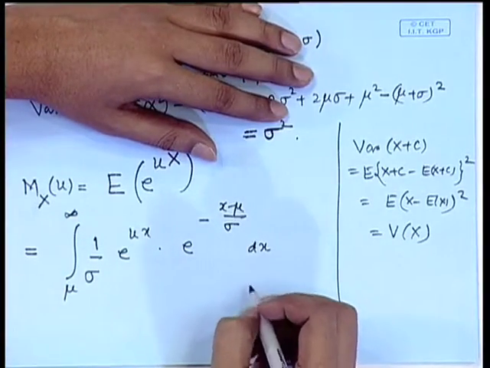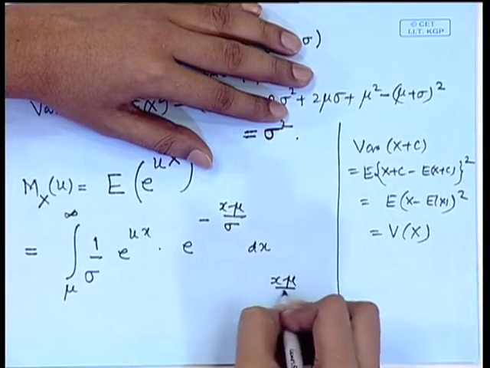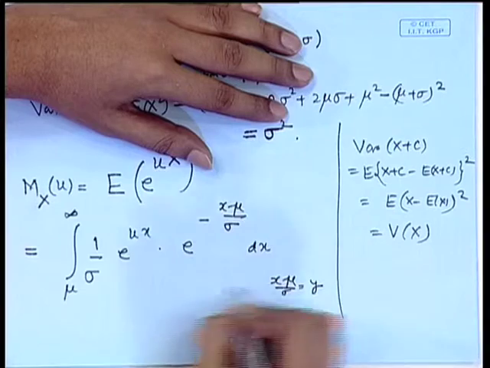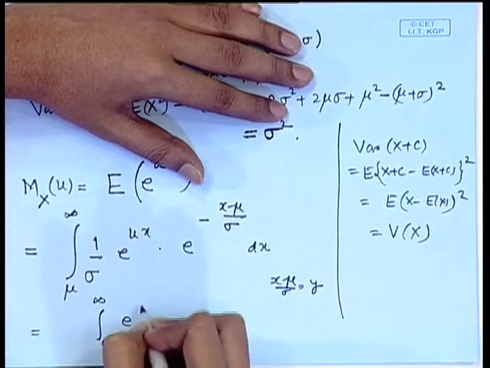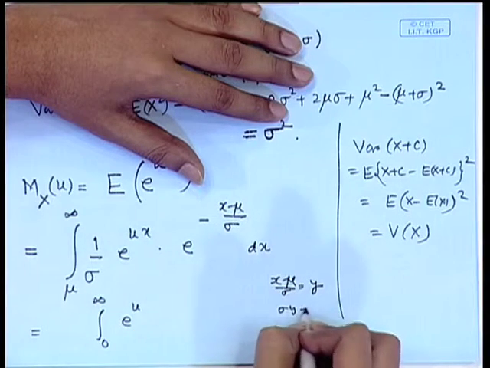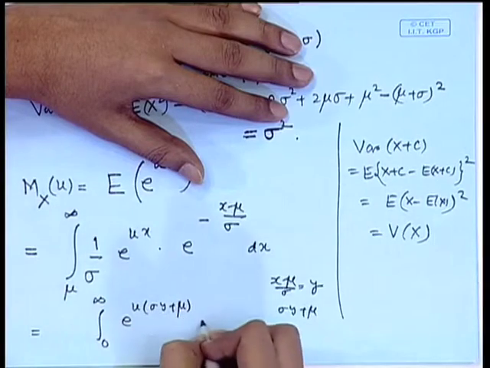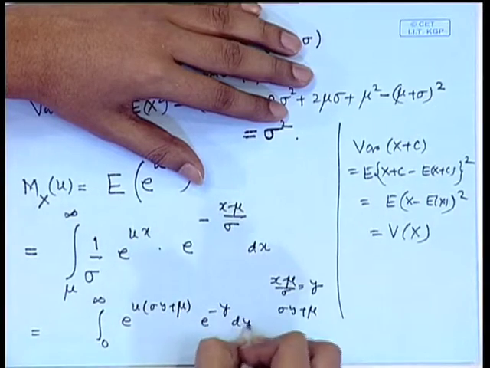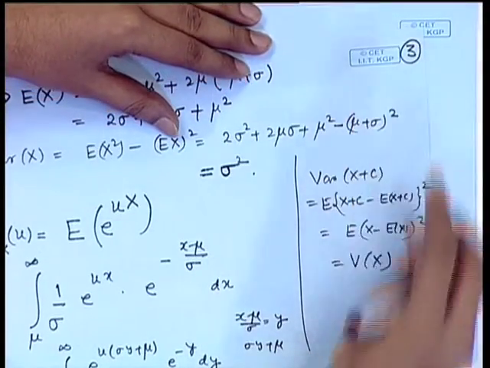So, we can consider here (x minus mu) by sigma is equal to y, the transformation that we made here. So, it is becoming the integral from 0 to infinity of e to the power u, and x becomes sigma y plus mu, e to the power minus y dy. So, this can be simplified.